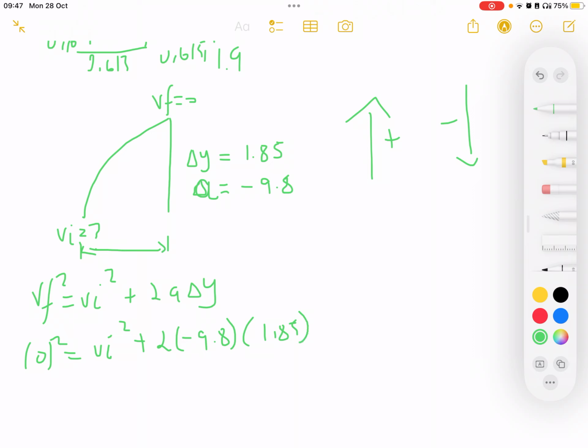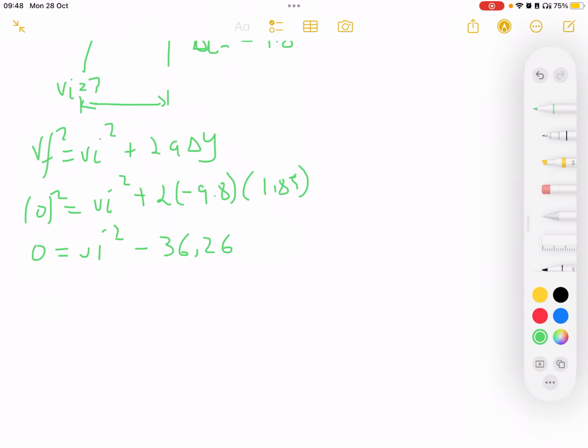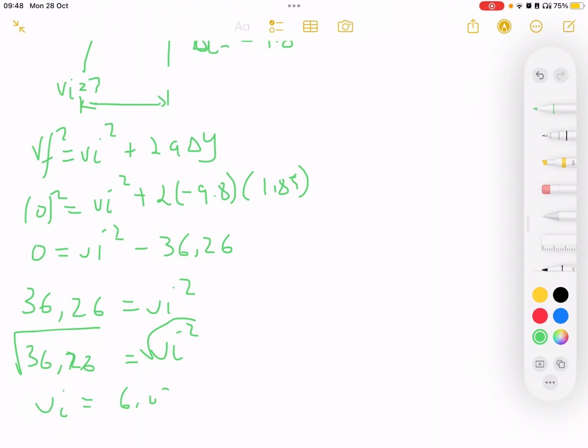And then if I punch in a calculator, we get 0 equals Vi squared minus 36.26. Then if we move negative 36.26 to the left hand side, it becomes a positive 36.26 equals Vi squared, and we apply the square root on both sides so that we get our Vi to be equal to 6.02 meters per second.